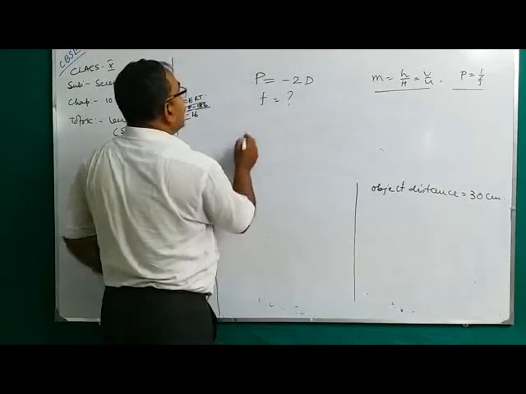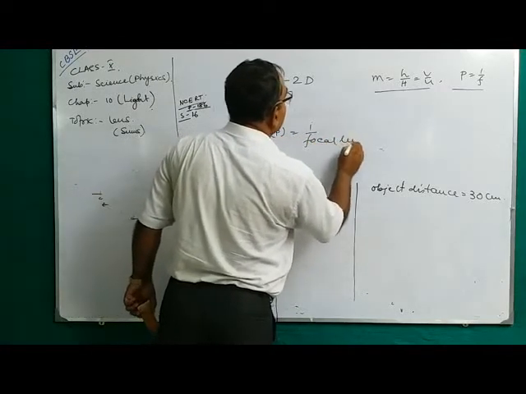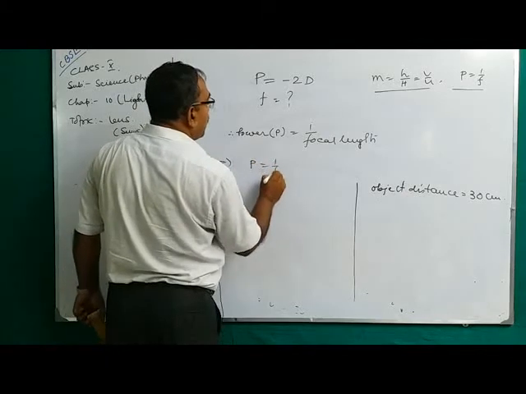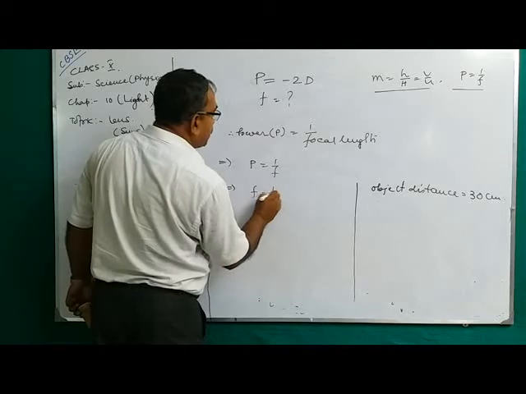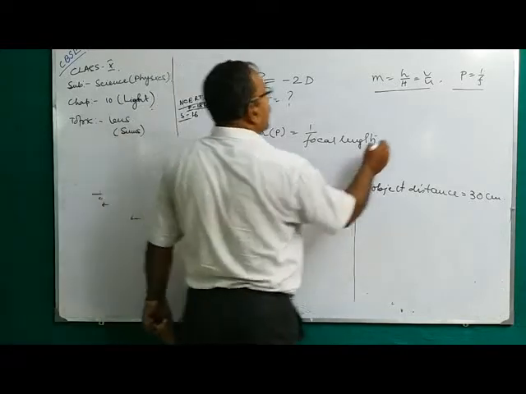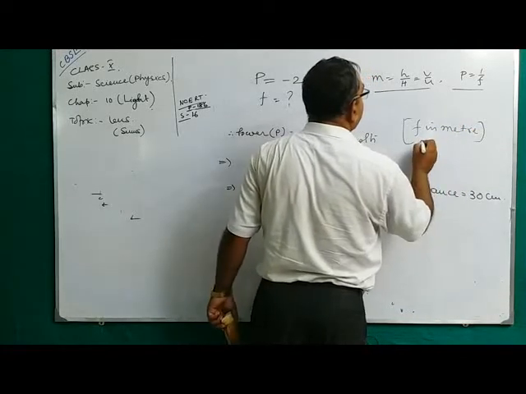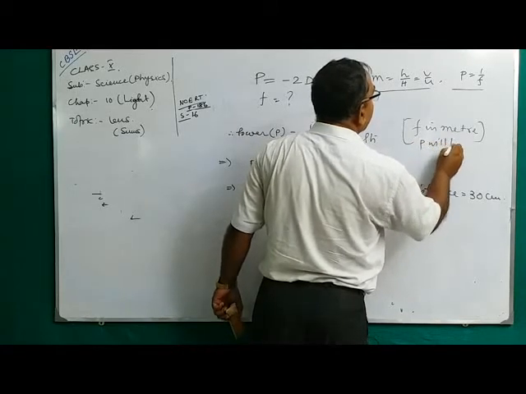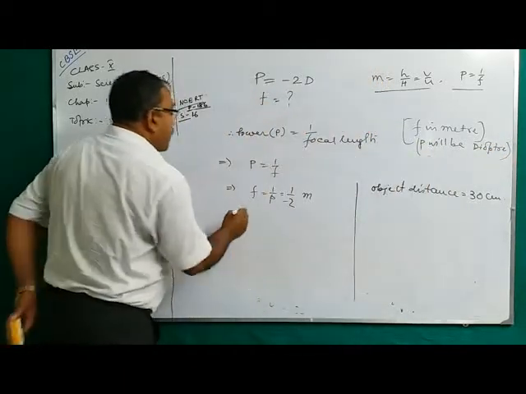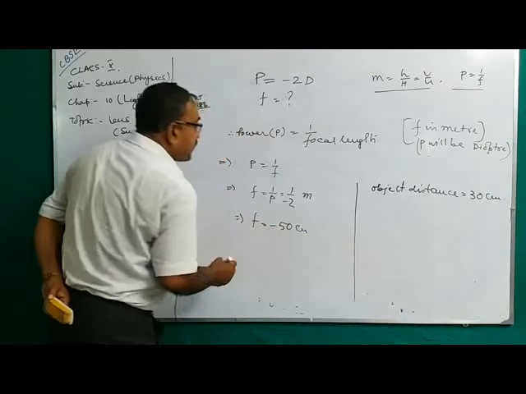So power P equals 1 by focal length. F equals 1 by P equals 1 by minus 2 meter, which is 50 centimeter.